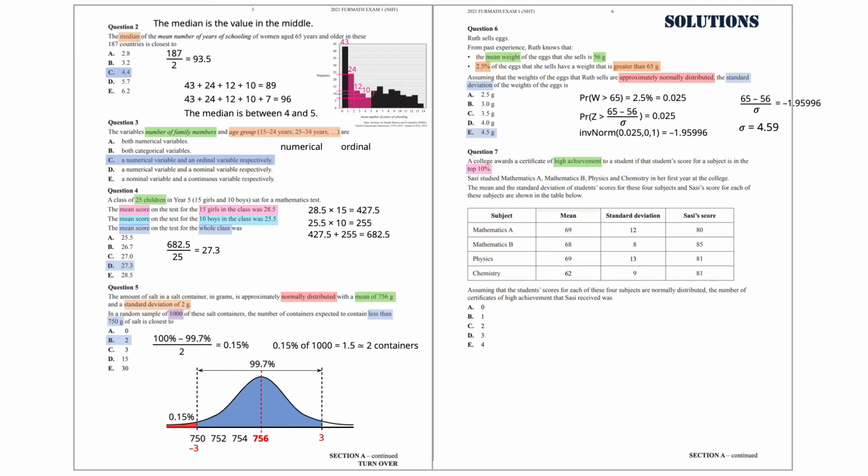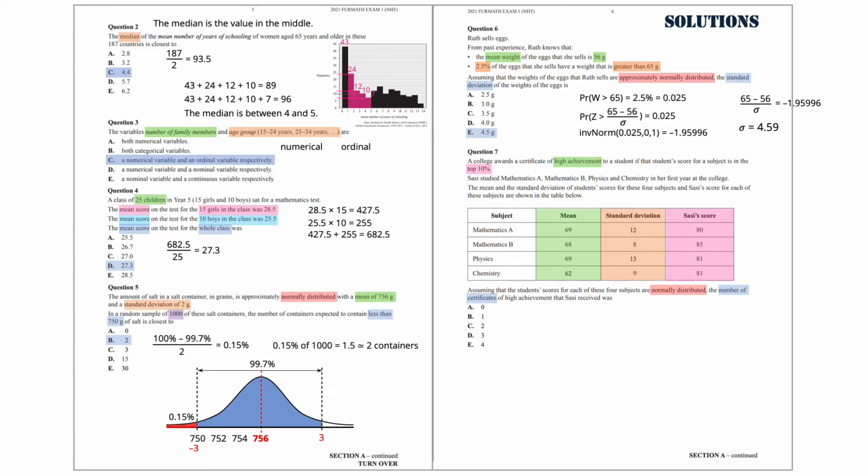The mean and the standard deviation of student scores for these 4 subjects and Ceci's score for each of these subjects are shown in the table below. Assuming that the student's scores for each of these 4 subjects are normally distributed, the question is asking what is the number of certificates of high achievement that Ceci received.